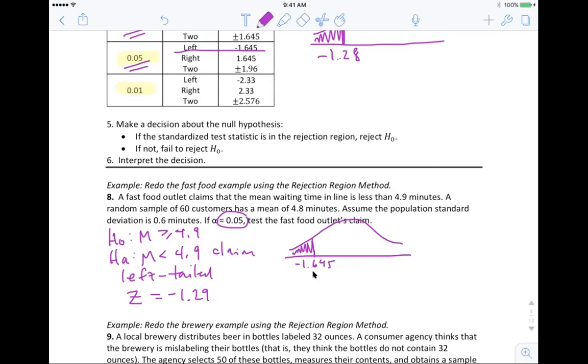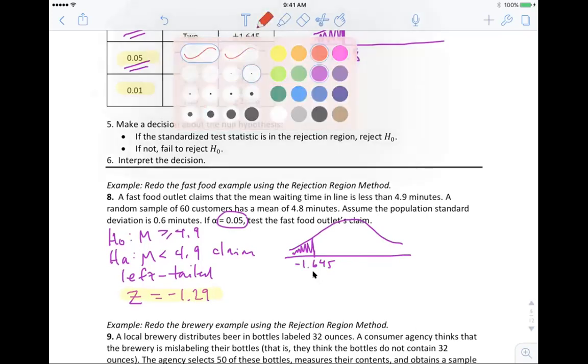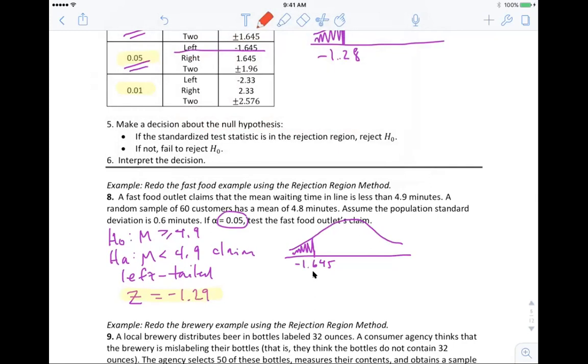Okay. Now the question is, this value, the z-score here, is that in the shaded region or not? So I'm going to plot that one as well, maybe with a different color, like red or something. So where would negative 1.29 lie? Well, it would be greater than the negative 1.645.